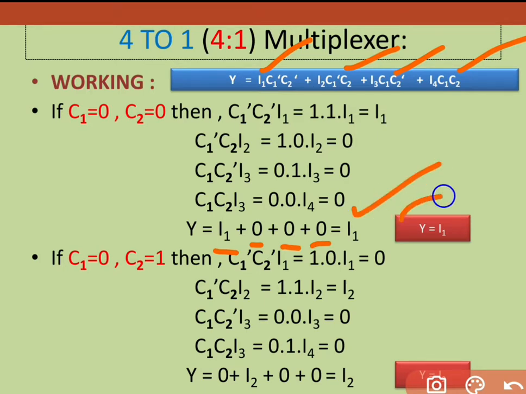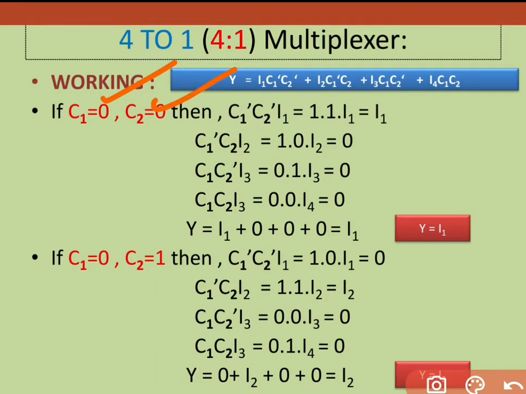That's why we get I1 as output when the control signals were 0 0. The same thing, I think you are able to understand when the control signal was 0 1. I had written each and every condition, and why we get I2 as output, you can understand with the solution.